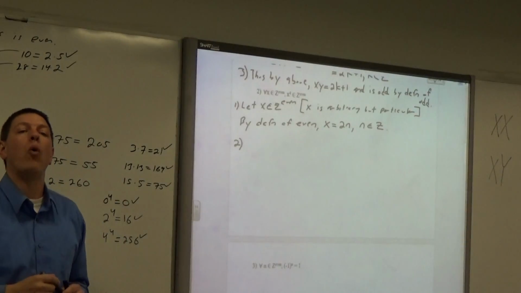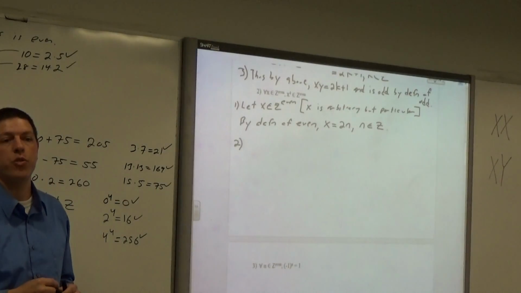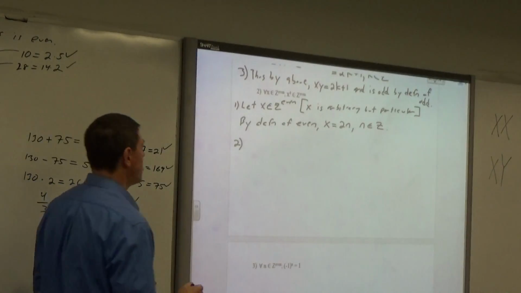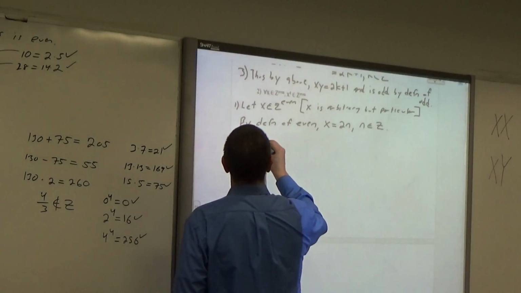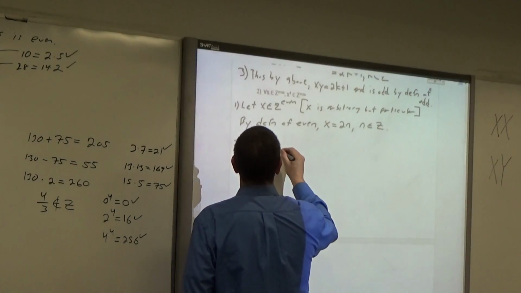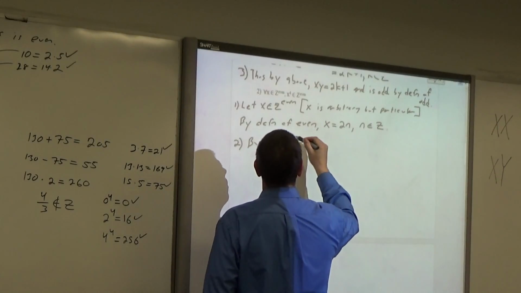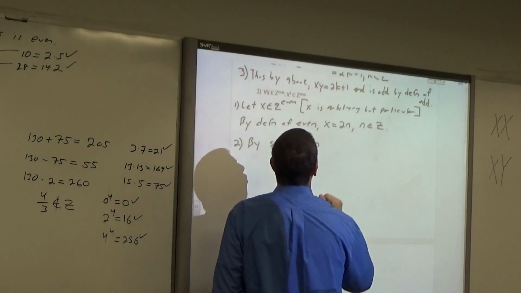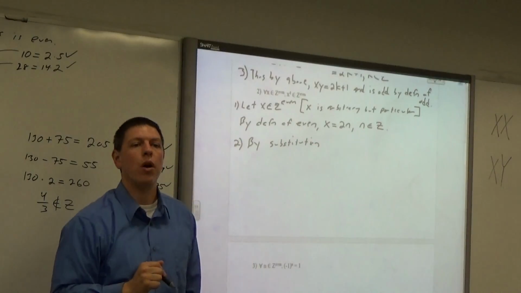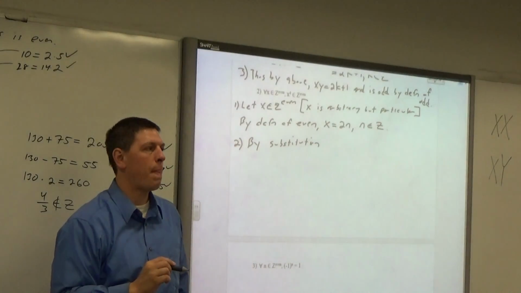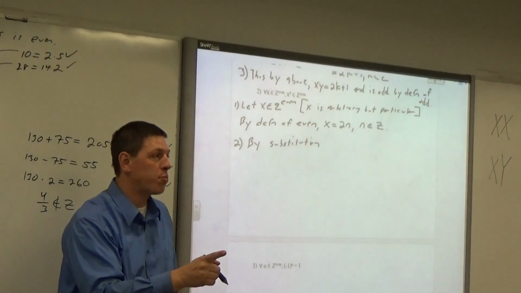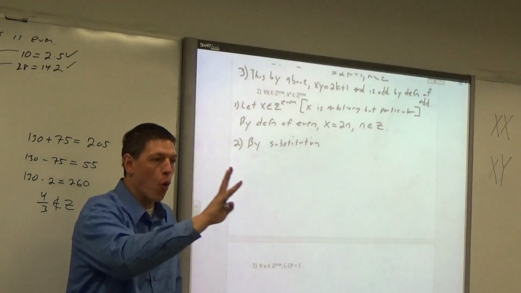We need to start with what, guys? Rhymes with substitution. Substitution, good. So, by substitution, see, sometimes you just need to write it here. What are we substituting back into, guys? 2n into x. Not just x, but x to the 4th power, right, guys?